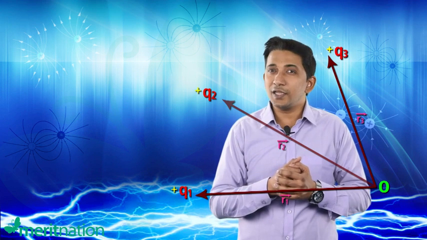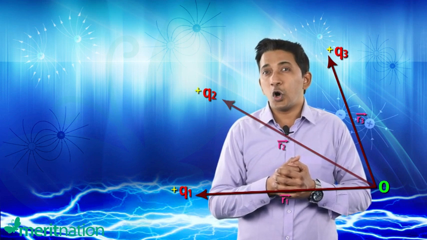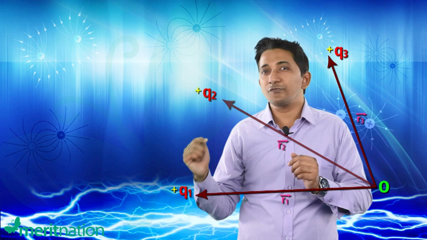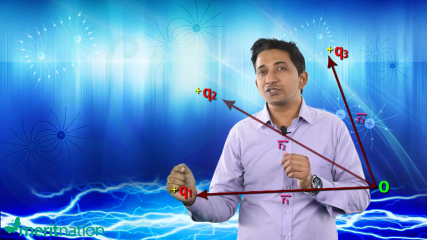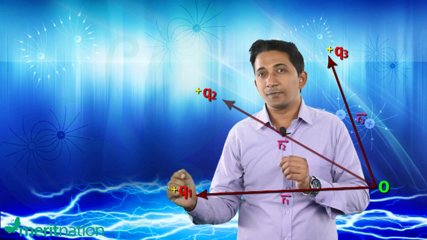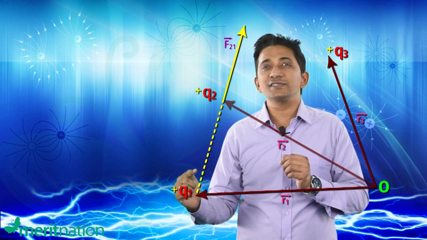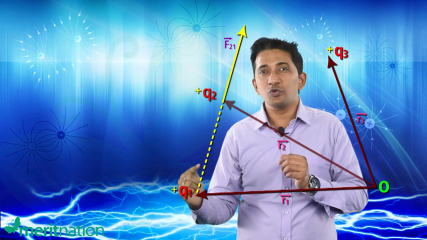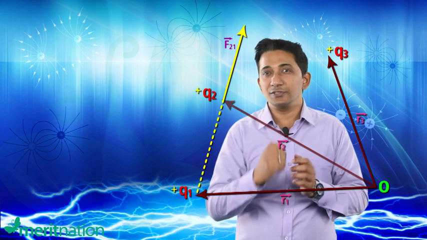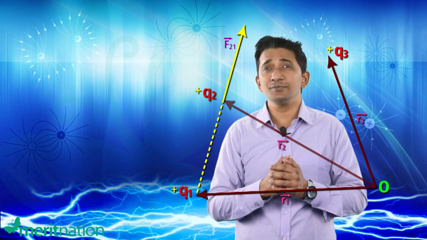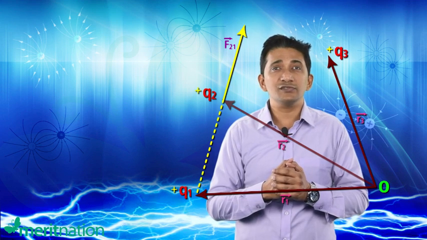So first, think in terms of the force on the charge Q2 because of Q1. That force is going to be repulsive. So that force is F21, which will act in this specific direction. Think in terms of the force that is acting on 2 because of the charge 3.